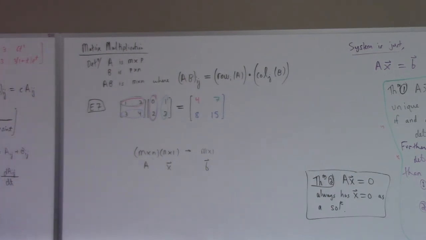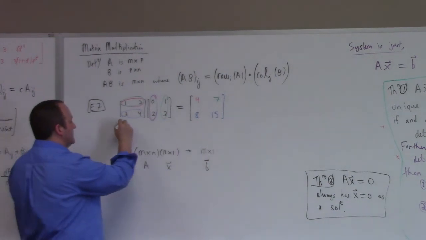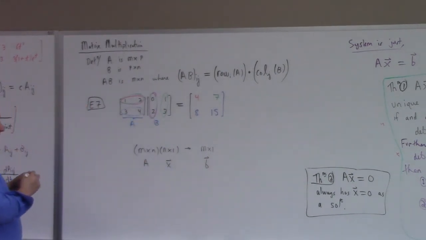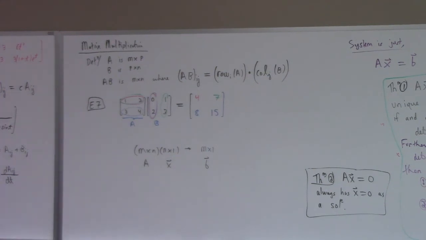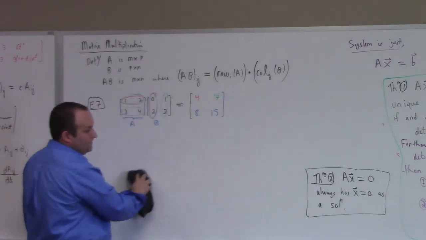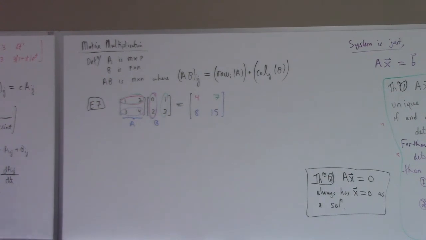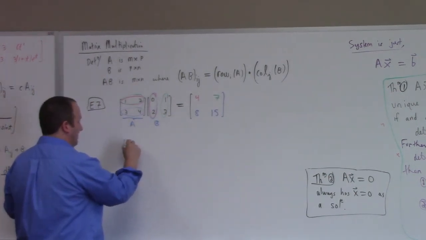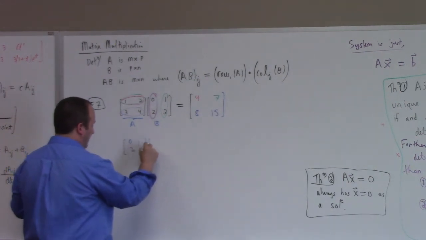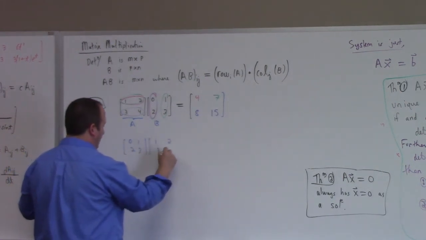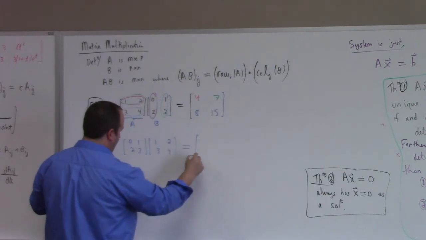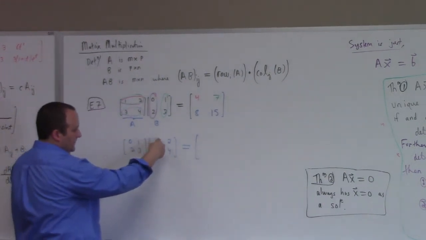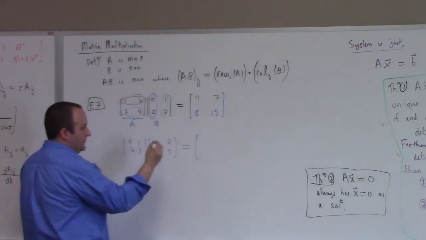Now, if this is A and this is B, then we can also calculate B times A. What do we get if we calculate B times A? All right, so this dotted with that gives me 1 plus 3. I get a 3.